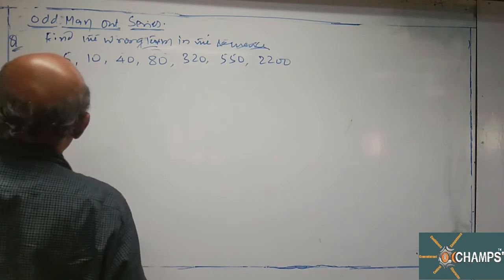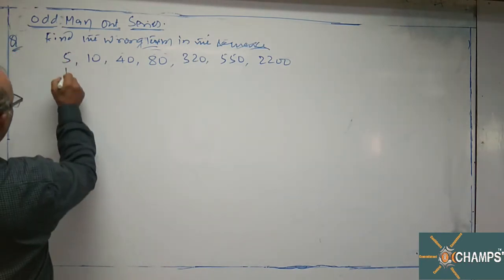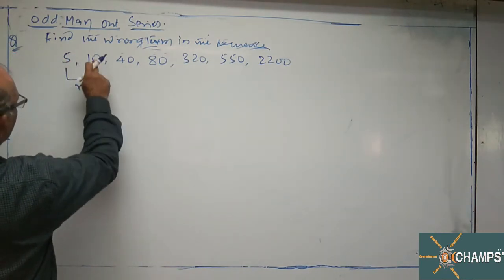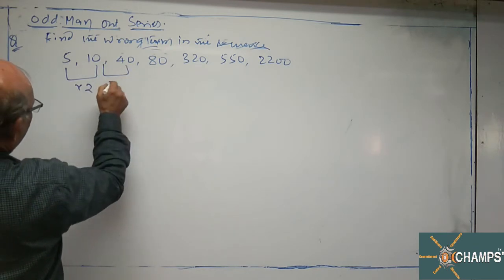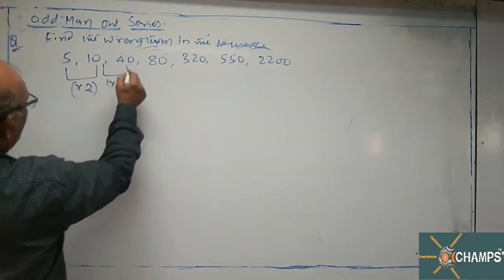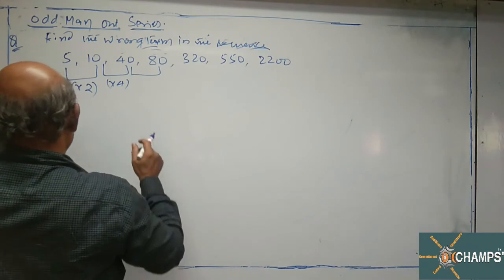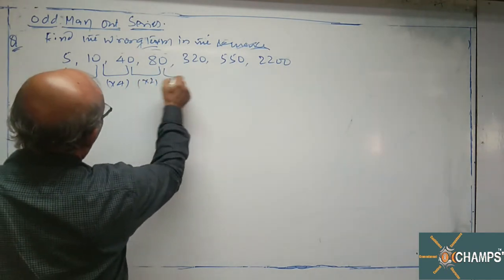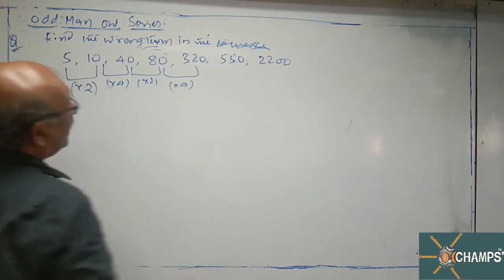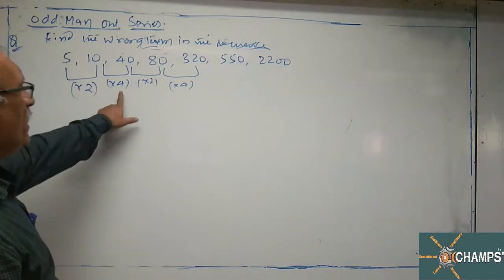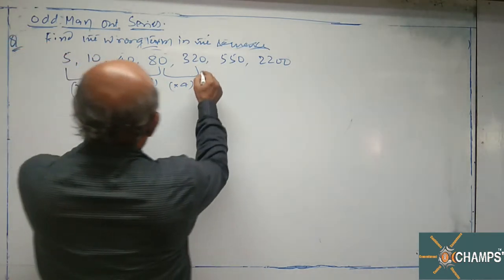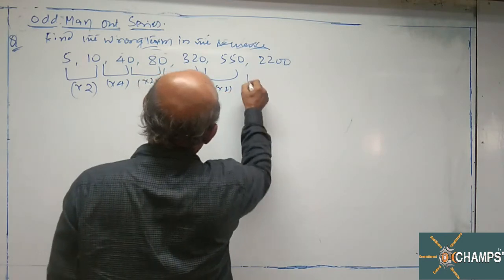Look at this, sir. 5 2s are 10, so into 2. 10 4s are 40, into 4. This is into 2, into 4. What is the pattern, sir? Into 2, into 4, into 2, into 4. Then it should be into 2 and into 4.